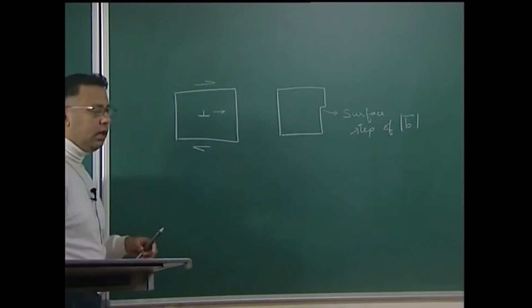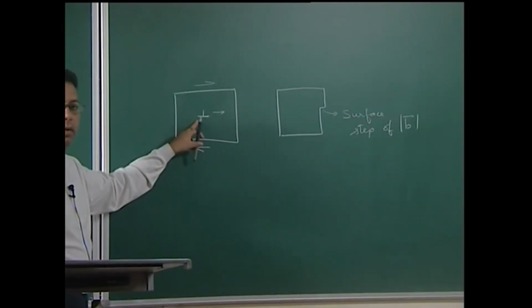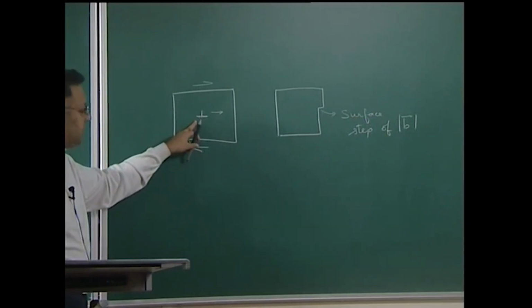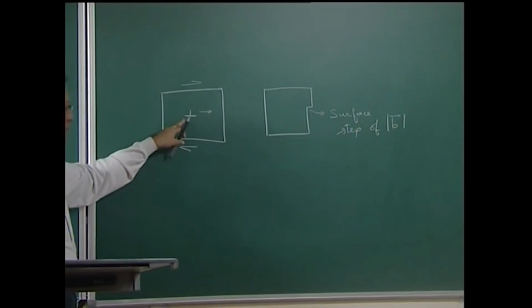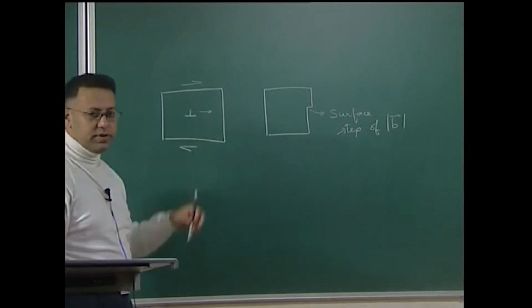In other words, I have an internal defect, which is an edge dislocation, and the external stresses interact with the stress field of the dislocation, driving it to the surface.